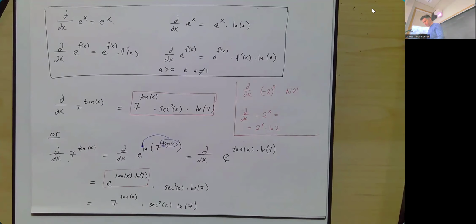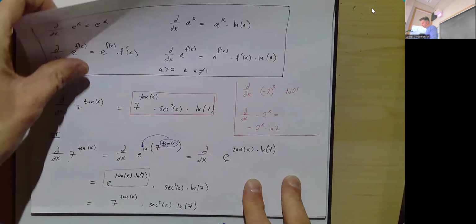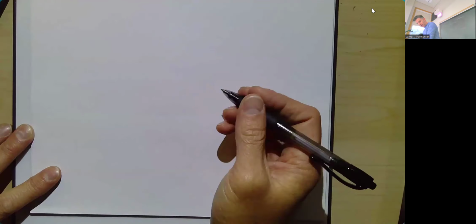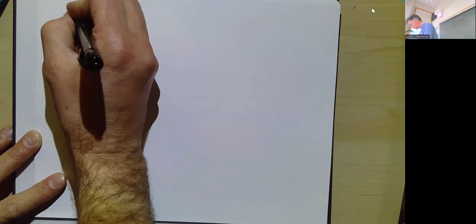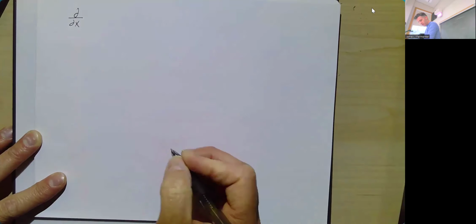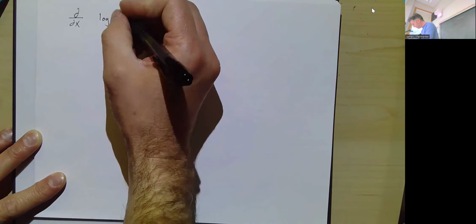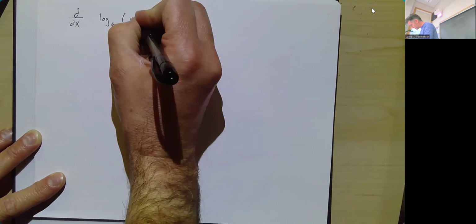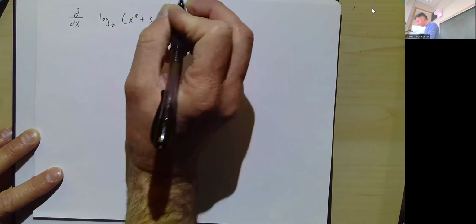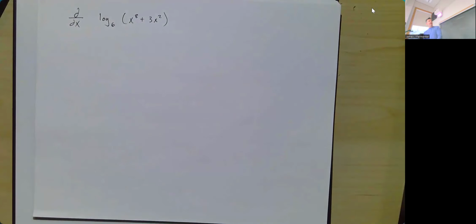Let's see some examples. Again, we're going to take the long way first, and then we'll talk about shortening it up. So let's say we want to find the derivative of log base 6 of x to the 8th plus 3x squared. Before I do anything, I'll point out that I can't really simplify this in any useful way. This is addition here, so I can't break it up into two logarithms.